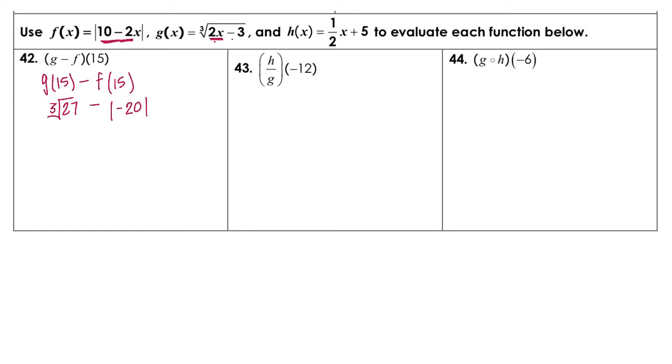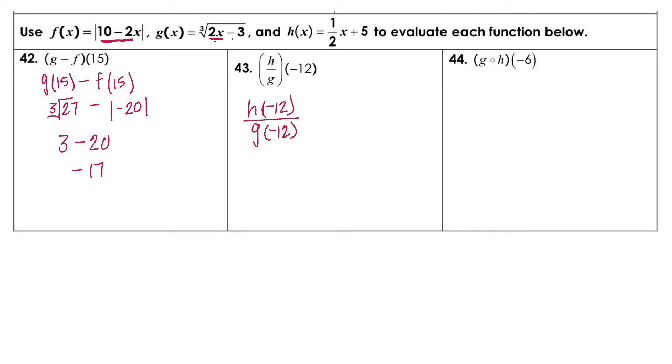And so simplifying here, that's going to give me 3 minus 20, so we should end up with a negative 17.